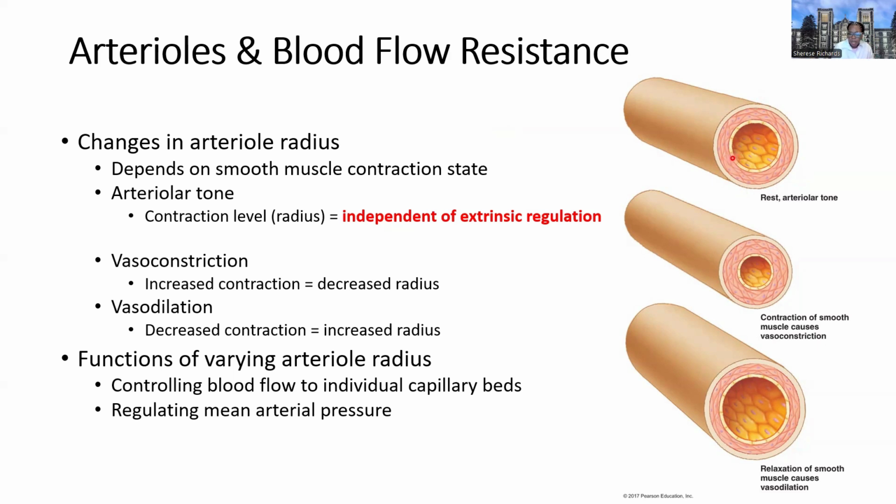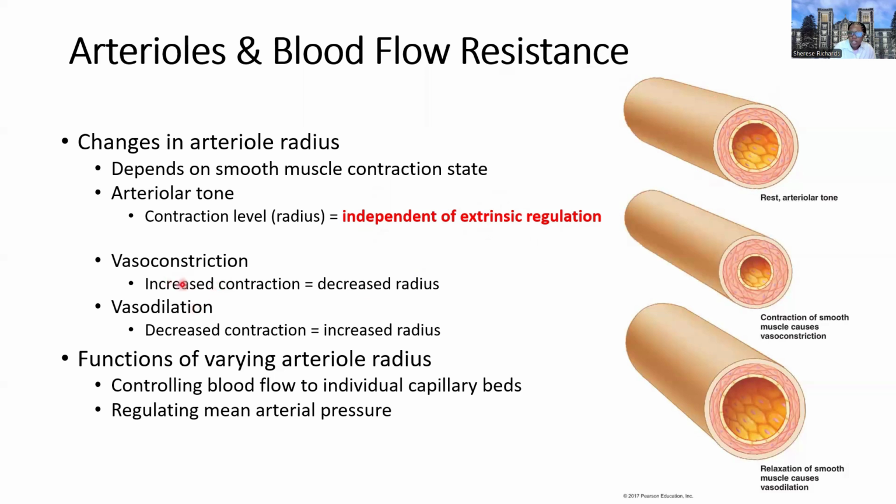That would be what we call autorhythmic, or the blood vessel regulating its own flow, while we do have other extrinsic factors like the nervous system, hormones, our overall state, that can regulate the size as well. So the arteriolar tone is within the blood vessel and based upon how much flow is coming through. We can have extrinsic and intrinsic factors.